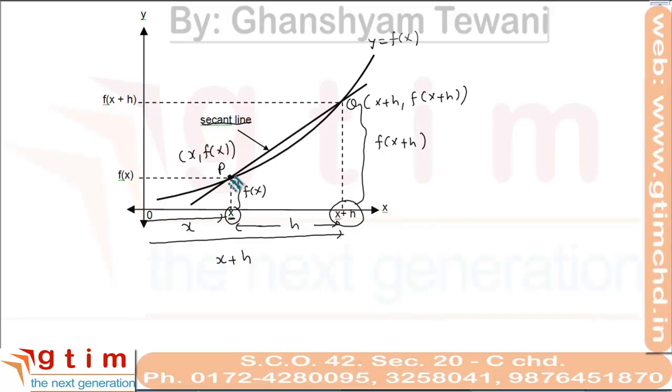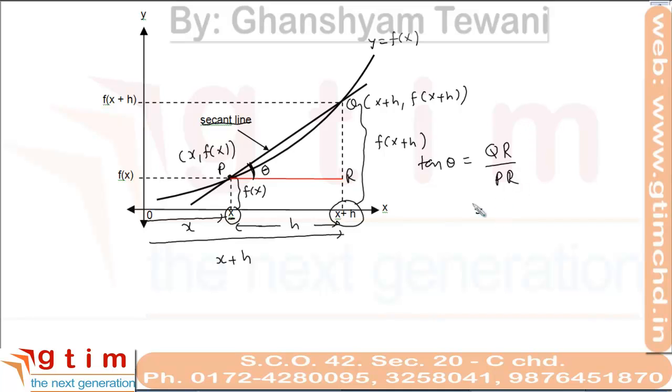Now join point P to this vertical line like this. Say this point is R. Here PR is parallel to the x-axis. Suppose this angle is theta. Then from the triangle PRQ, tan theta is equal to QR upon PR.